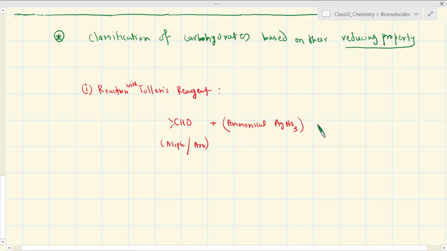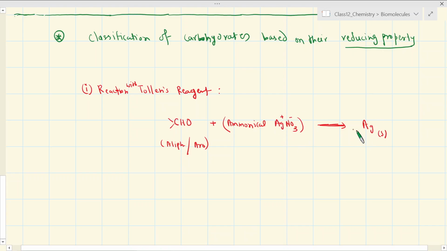So what happens in the reaction? You have other participation also, but let's say I am just simply writing the final product. You get a silver mirror being formed. Remember, solid silver deposits on the surface of the test tube and you see a mirror formation. This is actually a reducing reaction, because silver's oxidation number is changing from +1 to 0.